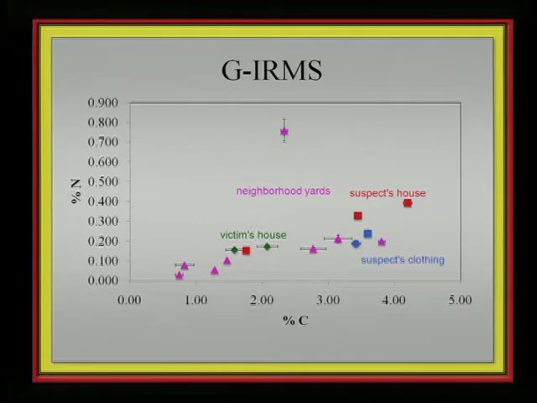But I could see that, for instance, you can see here, just from carbon and nitrogen content, that the suspect's clothing was not all that similar to the victim's house, that there's a big range in the neighborhood yards. And I have to say that visually, there were not a great deal of differences in the mineralogy between a lot of these soils.